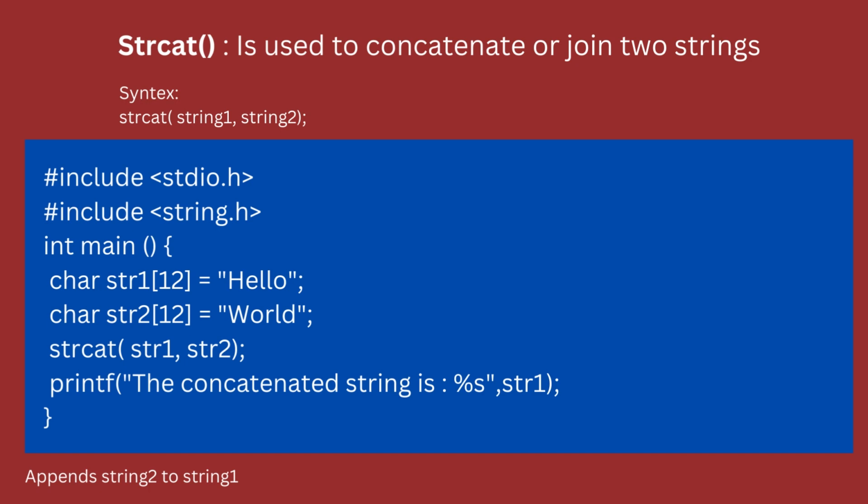Here we have two variables, str1 which holds 12 characters, initialized with hello, and the second is initialized with world. Then when we concatenate these strings with the strcat function, it will concatenate the string into the first string.